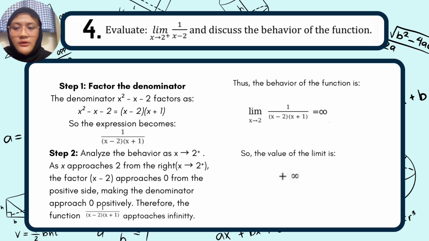So the denominator is a small positive number times a positive number, making the entire fraction very large and positive. So the limit as x approaches 2 from the right is positive infinity.